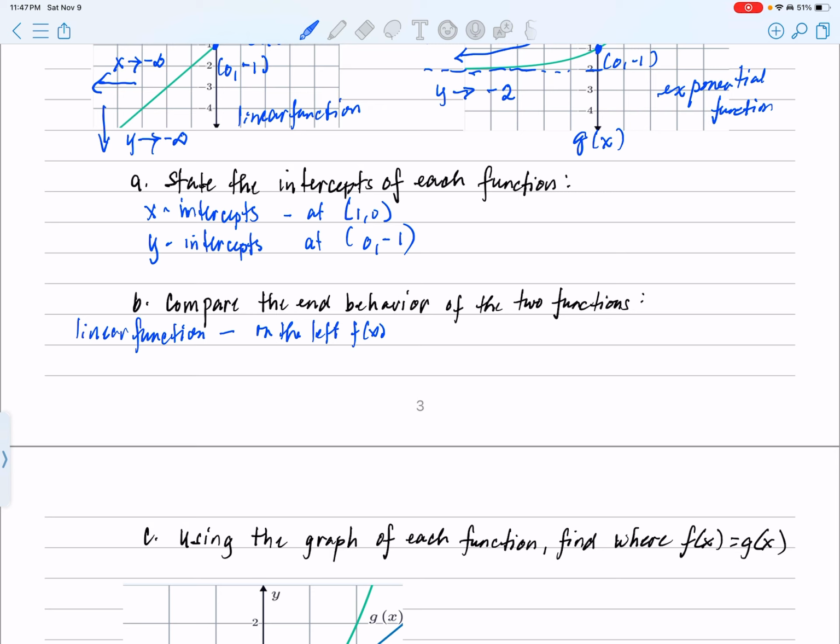So that means the values become bigger and bigger negative values, going to negative infinity as x gets farther from 0.